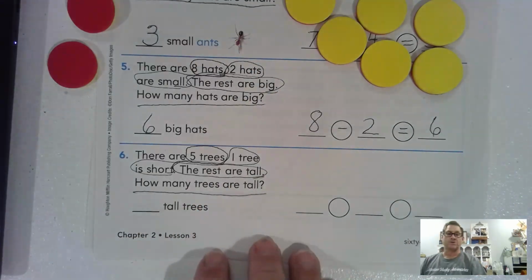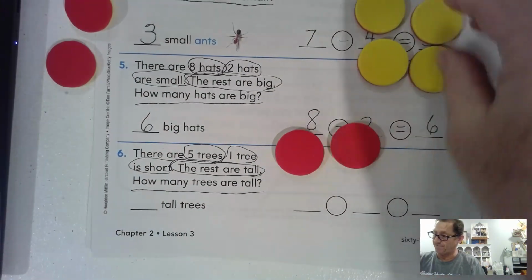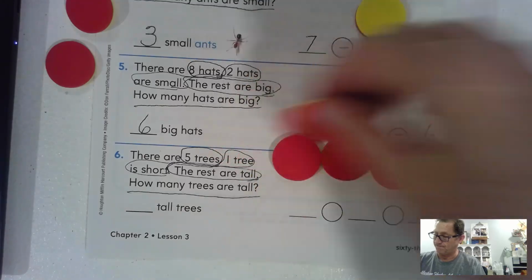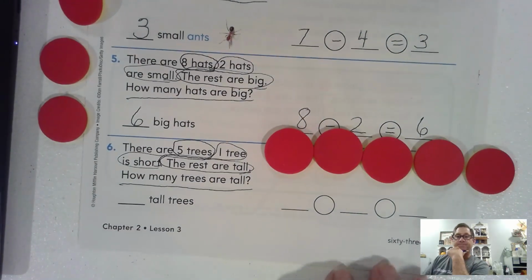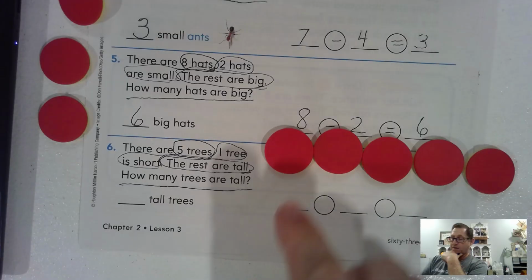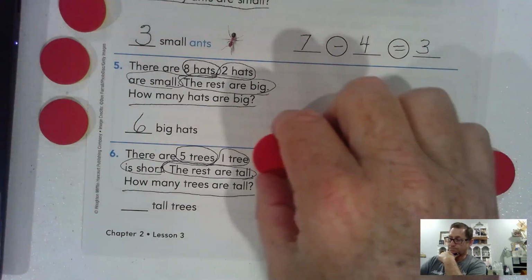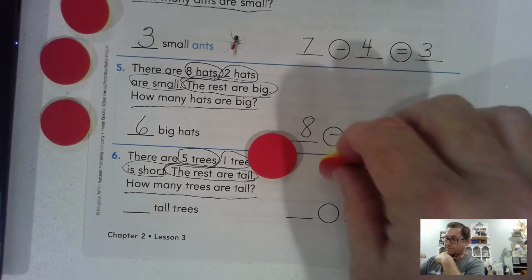The rest are tall. So show 5. There's 5, right? There's our whole number. 1 of them is short.